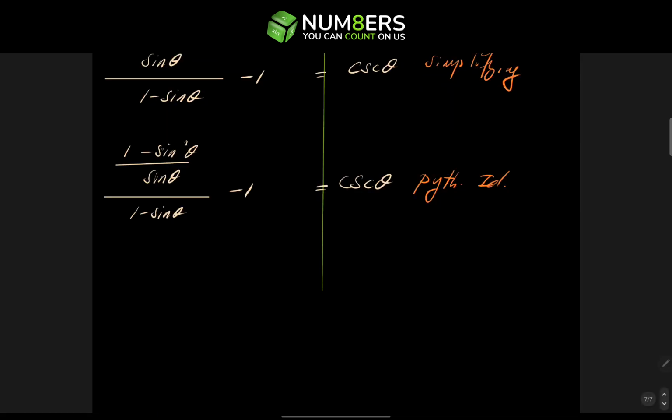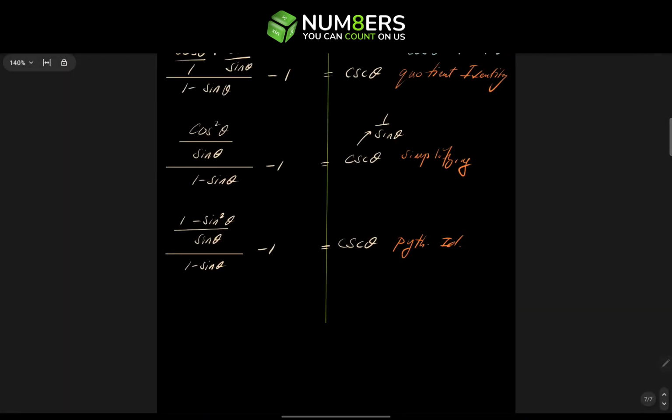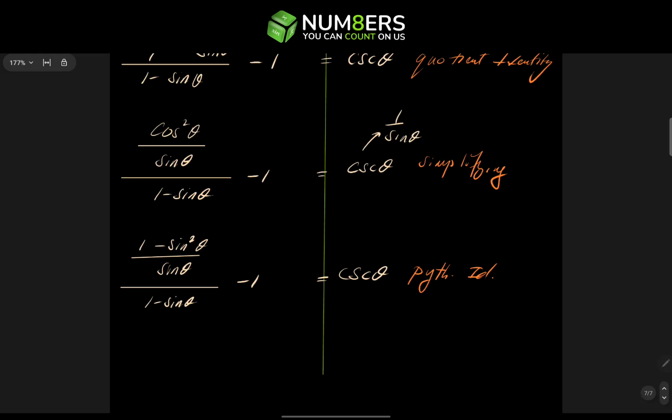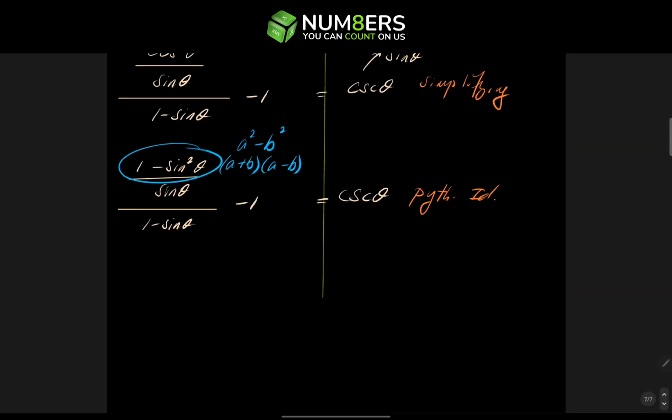And now in order to simplify, this one and this one cannot be simplified or cancelled with each other because there's a squared here. There's a small 2 on the top here, which signifies this is squared. So we can't simplify. So first let's fix the 2. What we're going to do here is use difference of squares. Now remember that a squared minus b squared is a plus b times a minus b. And this is a difference of squares.